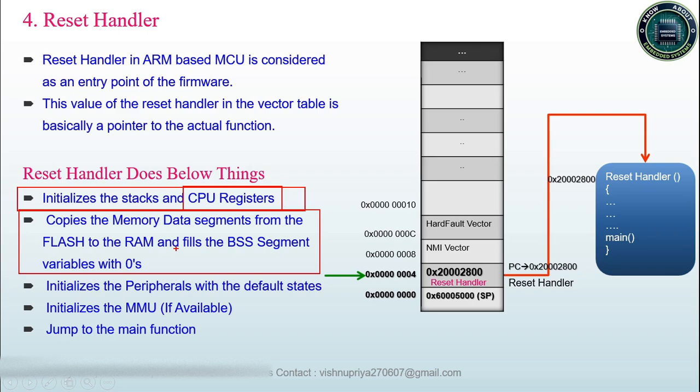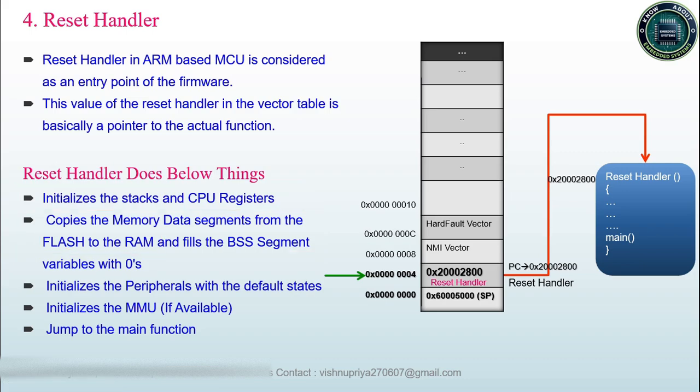Also, we're going to initialize some segments, namely your BSS segment will be initialized with 0, and the boot code from flash to RAM we're going to copy, and also some initializations for your peripherals, maybe ADC, DAC, or the interrupt vector table. The interrupt vector table also gets initialized in the reset handler.